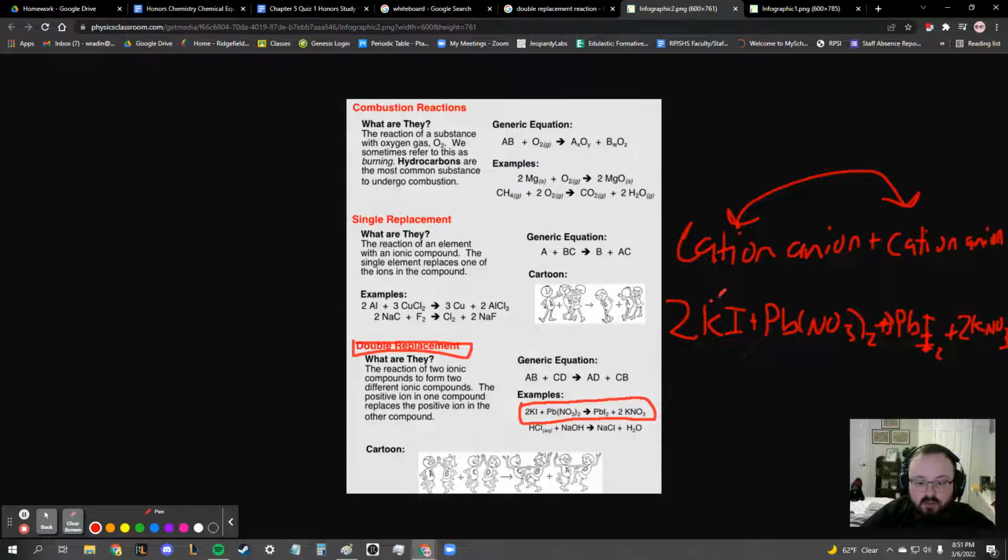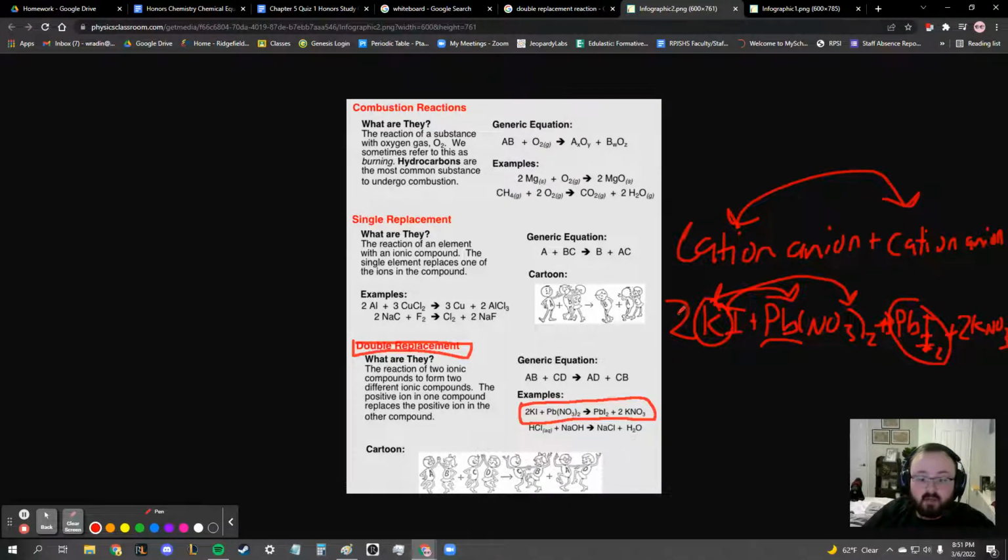So our potassium and our lead have swapped places, and now the lead is paired up with the iodine, and our potassium is paired with the nitrate group. Alright, so polyatomics are split off by their parentheses, so they move as a group. They do not break up, they do not separate. You're always going to see NO3 stick together in this type of reaction.